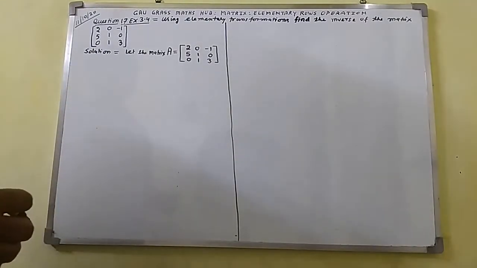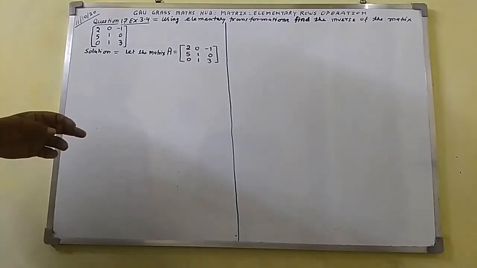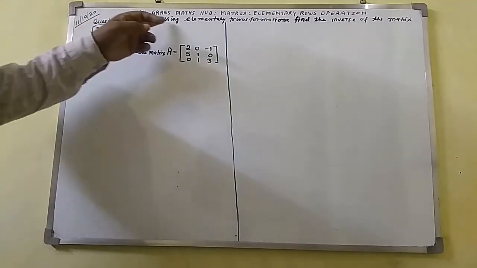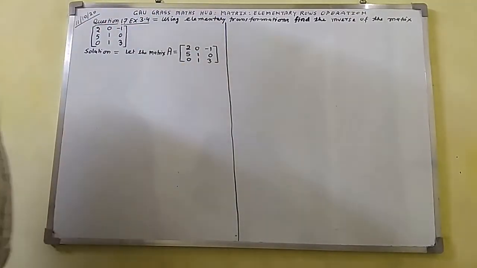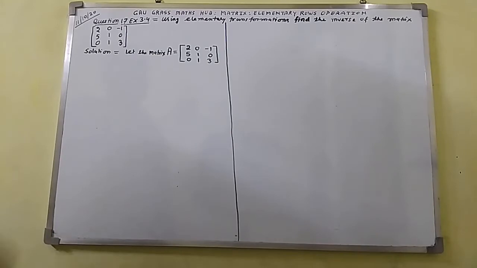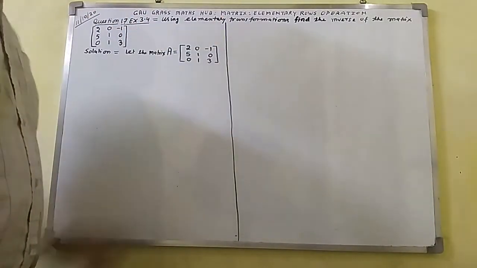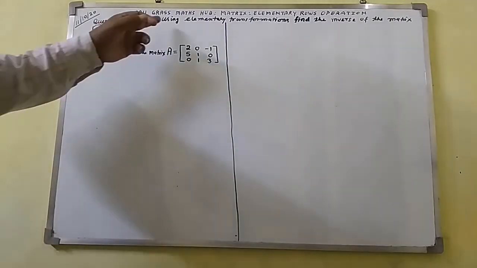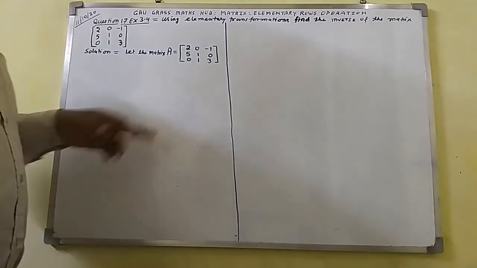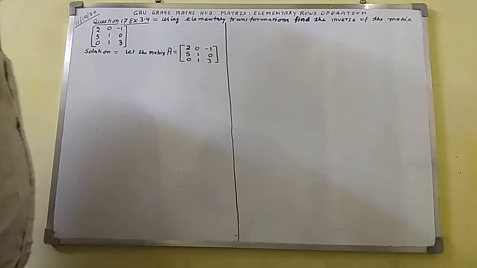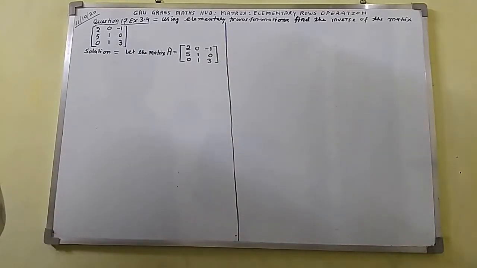So here in the question itself you can see it is written using elementary transformation. So here I shall use the elementary row operation. I shall not use the elementary column operation.